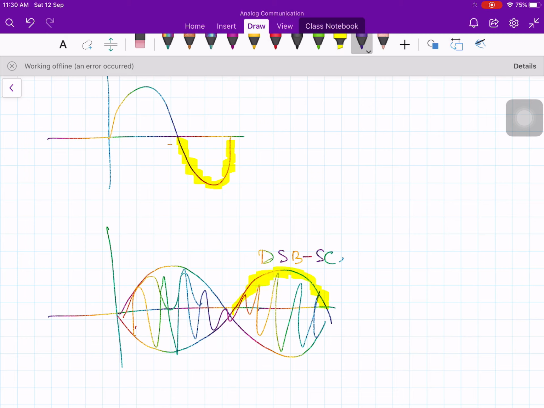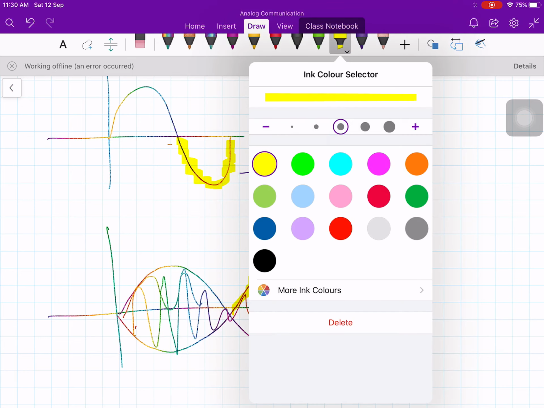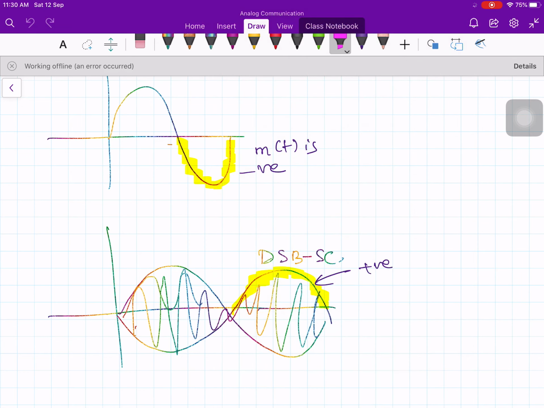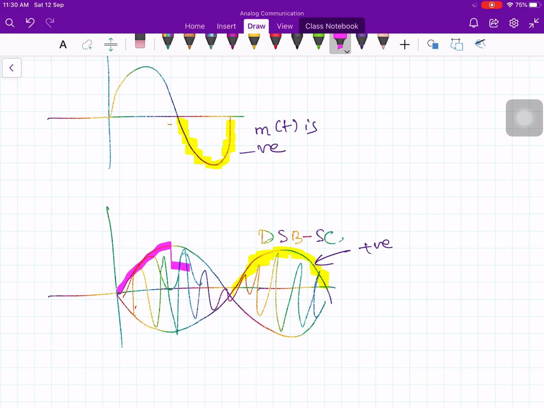Here my message m of t is negative, but here the envelope becomes positive. Therefore this is my envelope. So in DSB-SC, the envelope is equal to mod of m of t.